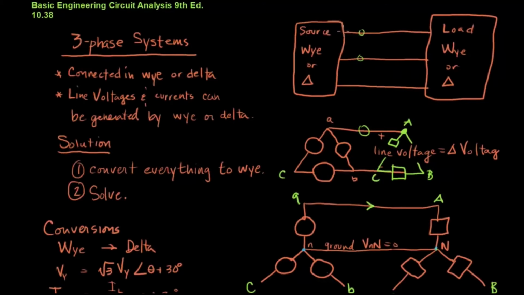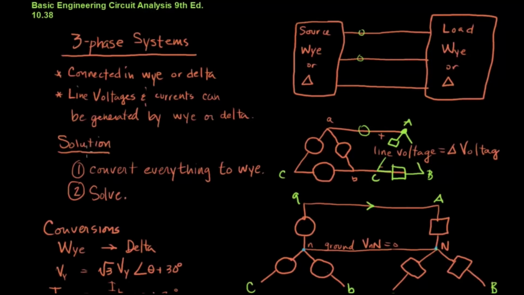And it turns out that you can measure the voltage across a line, or you can measure the current through a line, and that the voltage across two lines or the current through a single line can be created using any combination of Y or delta with the load or the source. And that enables us to simplify some of our problem solving with these kinds of networks.